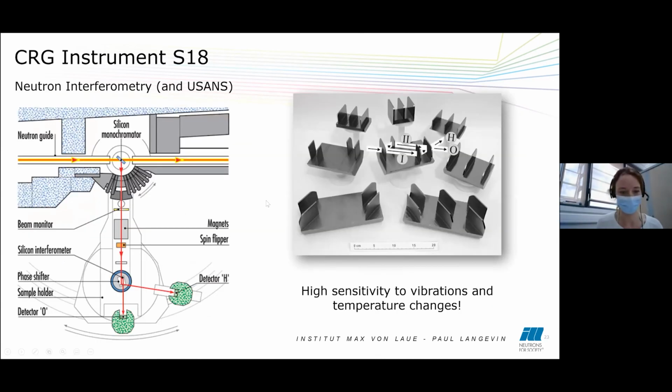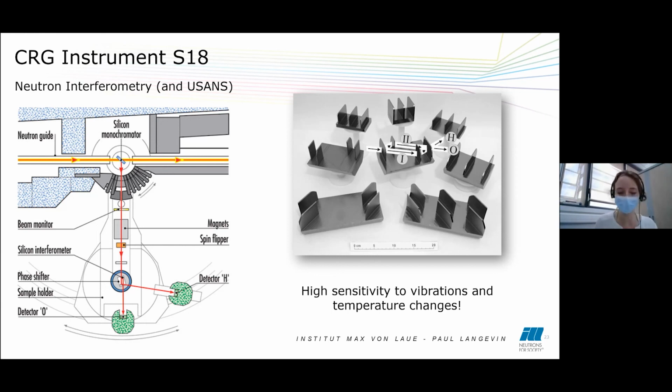At the end of my presentation, I would just like to give a little overview of the ILL instrument, or better, the CRG instrument S18 at the ILL. It is a collaborative research group instrument of the Technical University of Wien, and actually very easy to find, since it's the first instrument when entering ILL7 from ILL4.